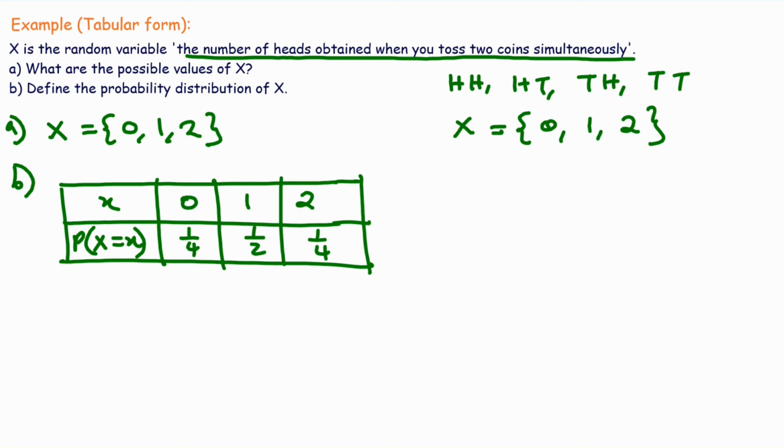So to obtain 0 heads, that will be tail tail, which is 1/4. To obtain a head and a tail, or a tail and a head, those are 2 possible outcomes. 2 out of 4 is a half, and then head head, that's a quarter.